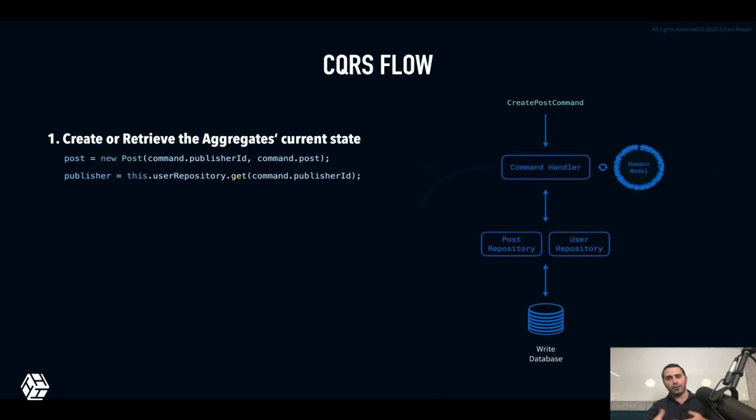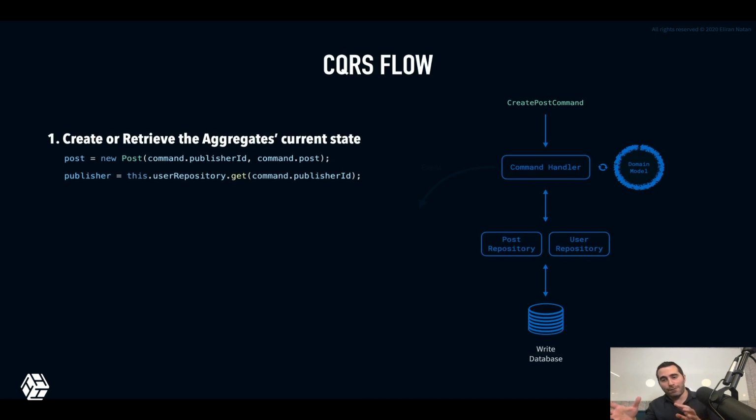I don't want to communicate directly with the database. And the first thing that we want to do is to fetch the aggregate, in the most accurate terms, the domain object that represents the current state of the aggregate. That's what we want to do here.